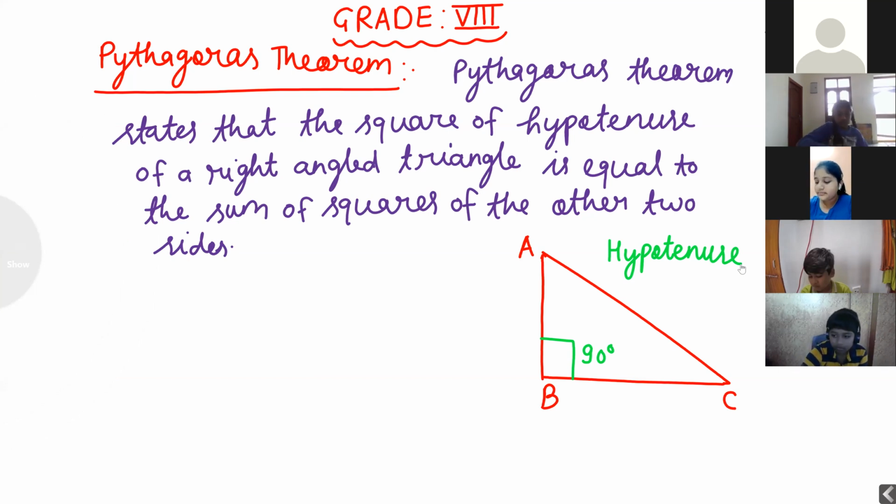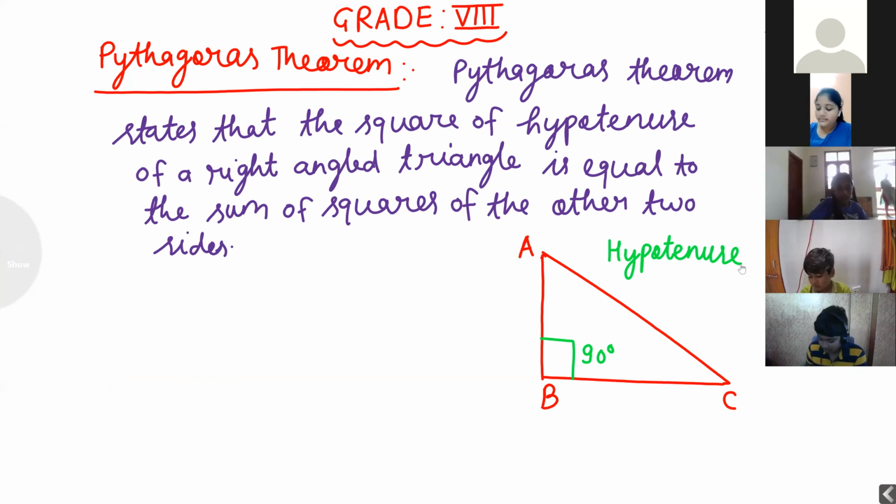AB is the perpendicular side and BC is the base. Now you are observing, students, in this figure there are three sides. Always keep in mind the side in front of 90 degrees will always be the hypotenuse and the remaining will be base and perpendicular.